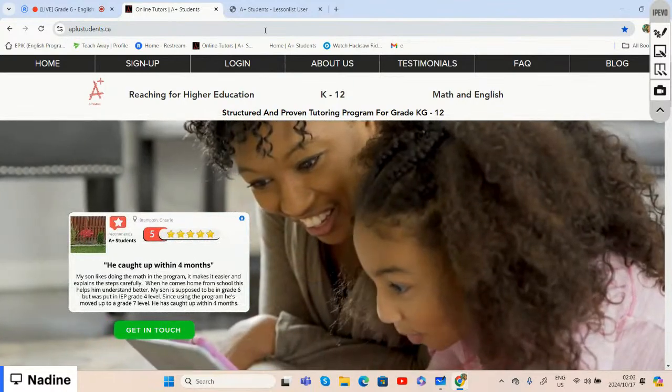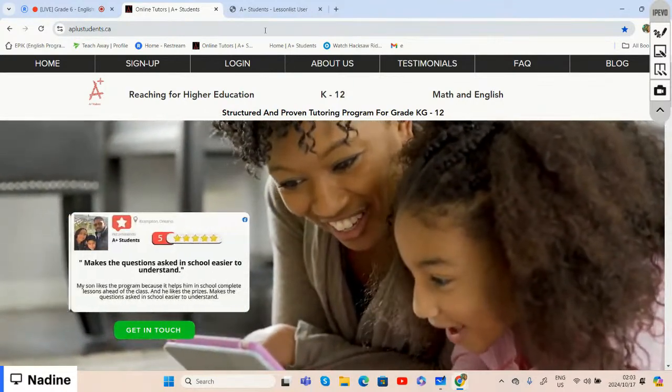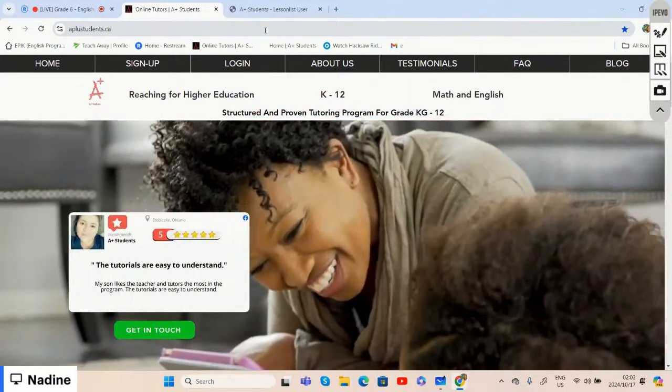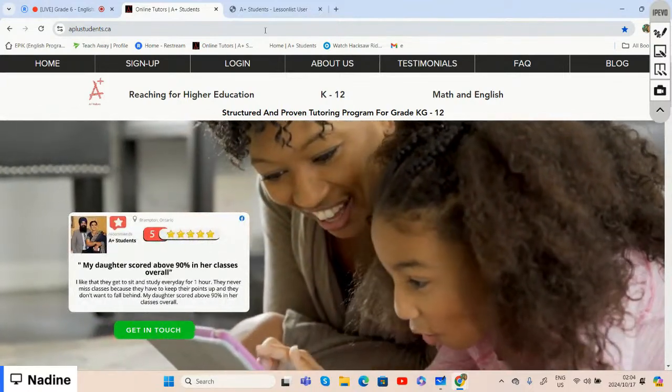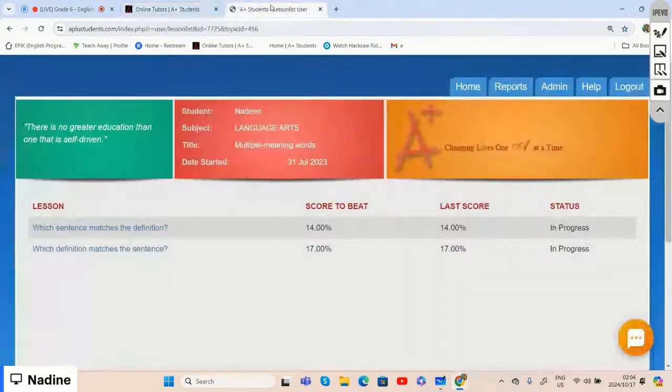We're doing grade 6. Then we're going to scroll down until we get to our chapter of multiple meaning words.